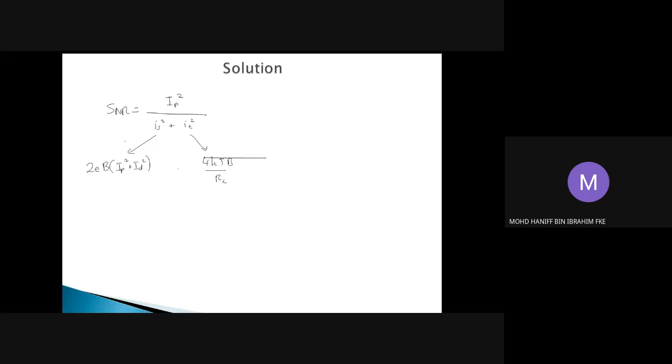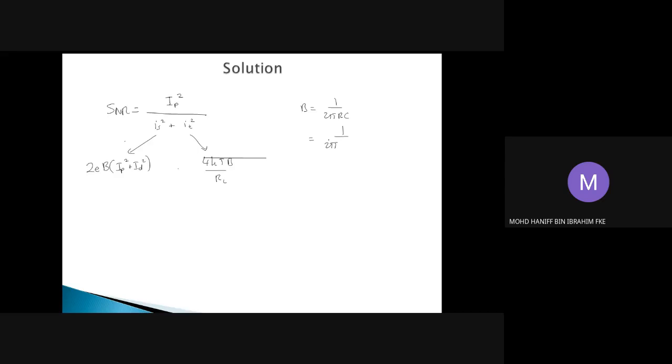Both thermal noise and shot noise need the value of the bandwidth. The bandwidth can be calculated based on what we have seen previously, 1 over 2 pi RC. R is given in the question.